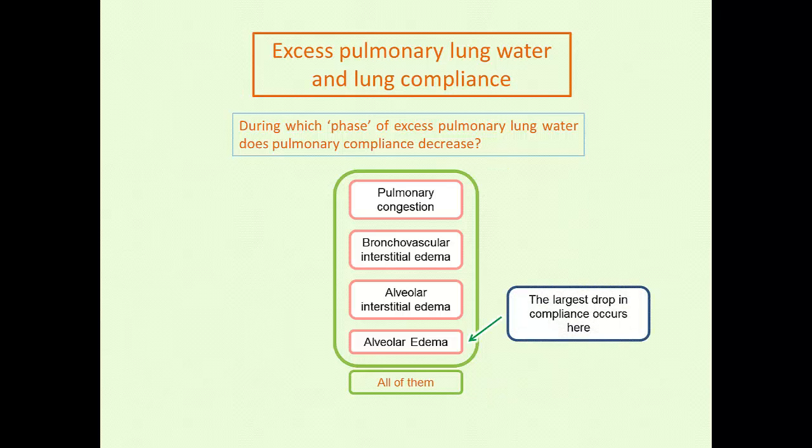And this has been studied in humans using kind of cool technologies maybe 20 years ago or so. The references for these studies are all in the written volume. But what's been found is that the largest drop, by far and away the largest drop in pulmonary compliance, occurs with frank alveolar edema.